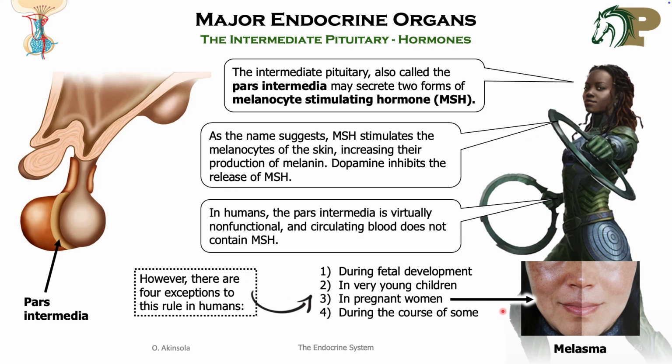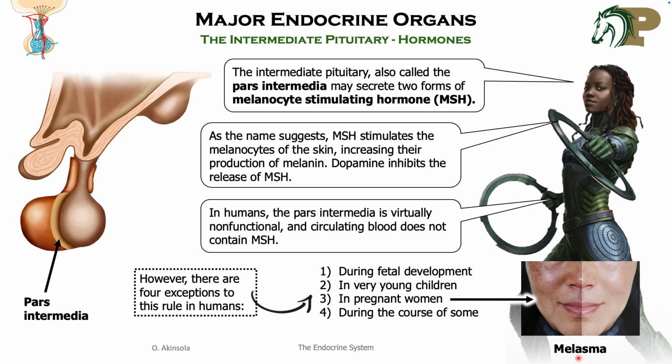If you look over here, this half over here is the face of a pregnant woman, and this over here is the face of a non-pregnant woman. This increase in melanin production in the area of the face is called melasma, and that is actually referred to as the mask of pregnancy.